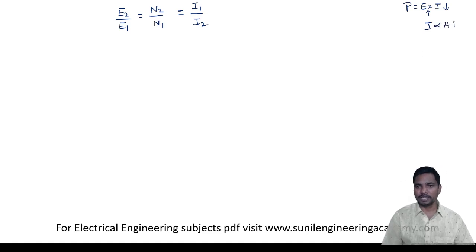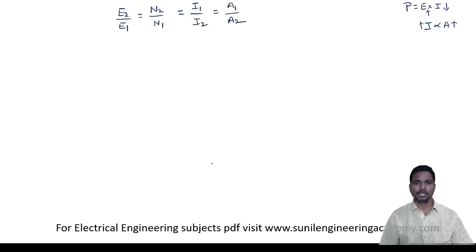Whenever the area is more, it can carry more current. So I1 by I2 is equal to cross-section area A1 by A2. Very, very important relation, guys.